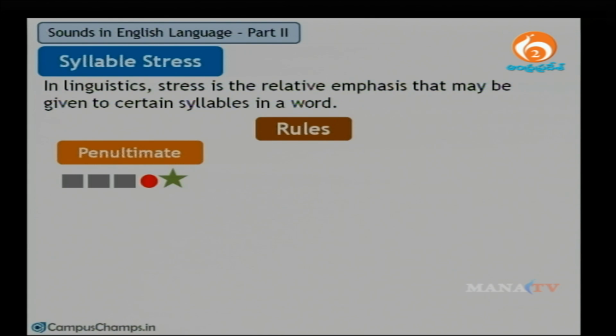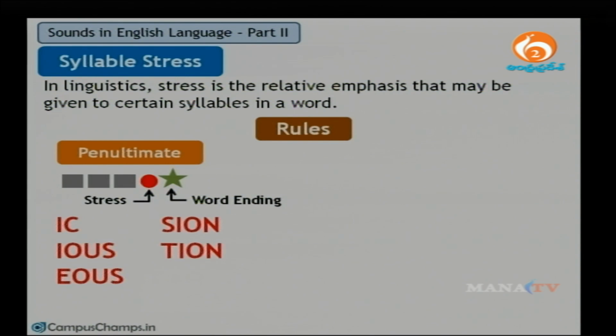What I want you guys to do is just draw this in your notebook. These number of blocks can be unlimited, it could be any number. What is important is this red circle and the star. The star basically means the word ending.